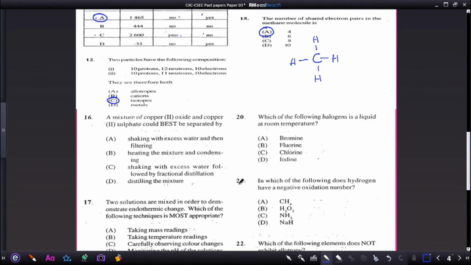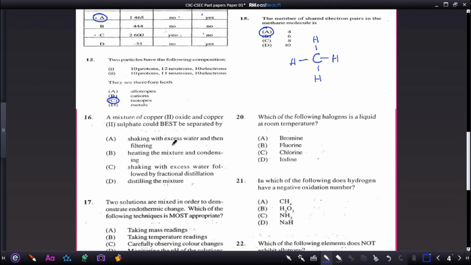Question 16. A mixture of copper 2 oxide and copper 2 sulfate could best be separated by shaking with excess water and then filtering, heating the mixture and condensing, shaking with excess water followed by fractional distillation, or distilling the mixture. Copper sulfate and copper oxide.